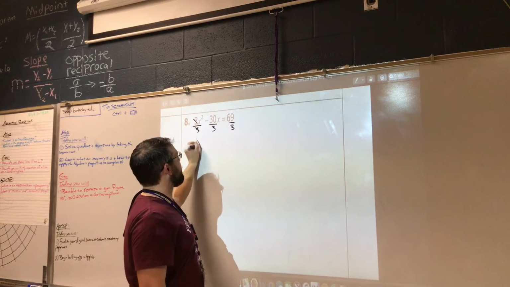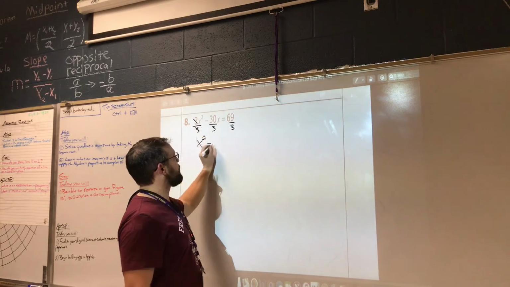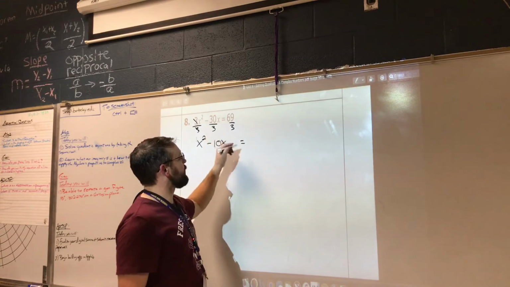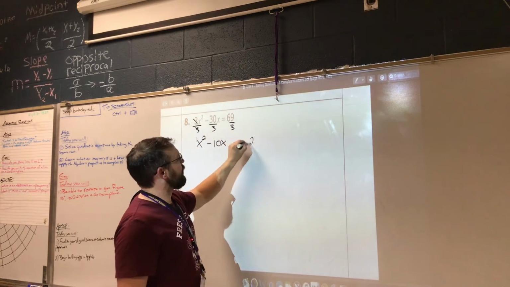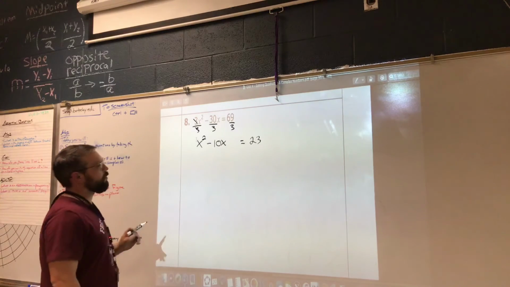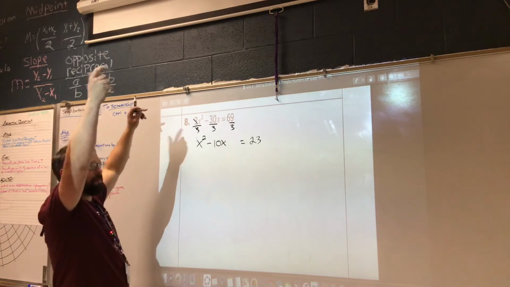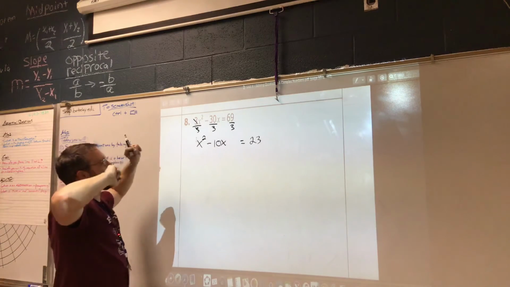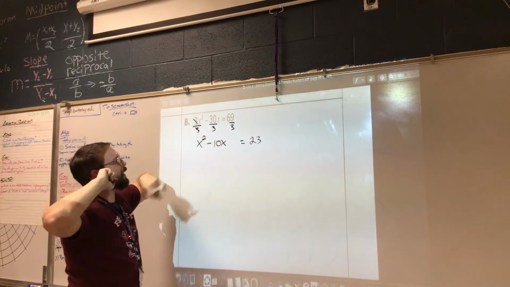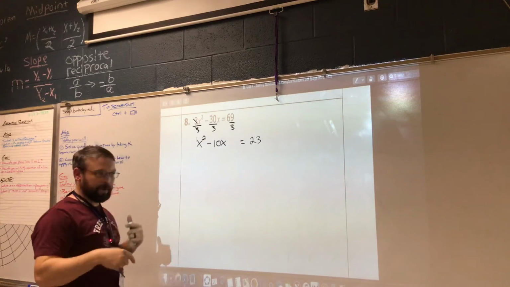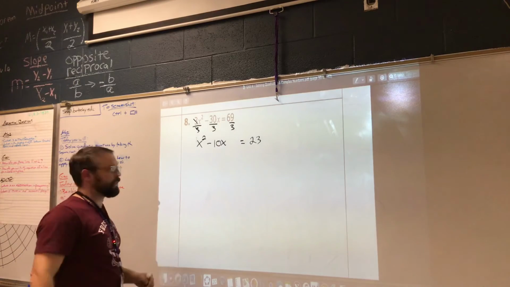So that's going to give me an x squared, that's going to give me a negative 10x, that would be 23. Okay? So first step, I'd have to move the C value over. That was done. Thank whoever. Second was divide by the A value. Check. Third part now becomes the whole completing the square process thing here.